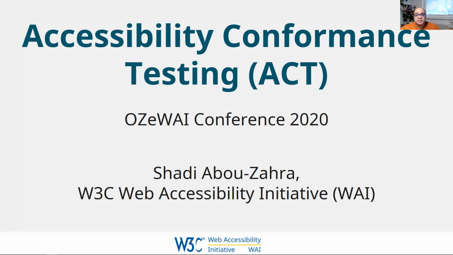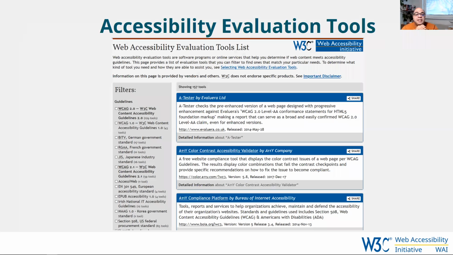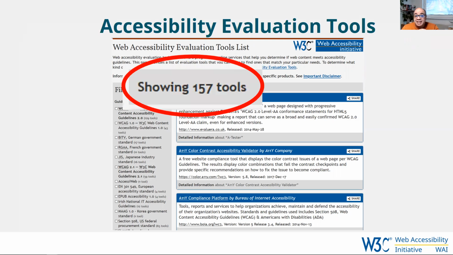Let me back up a little. We have many different types of evaluation tools. We have a list at W3C that meanwhile has over 150 tools, actually right now 157. I think that number has even been exceeded since the recording of this video. So it's continually going up.